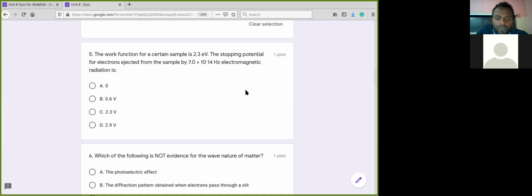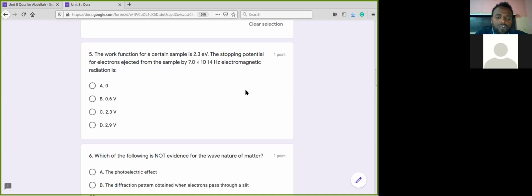The stopping potential is the result, that means the energy of the photon minus the work function, you will get 0.6 electron volt, yes? Then that energy is the same as the maximum kinetic energy, which is the same as the stopping potential times the charge on the electron.